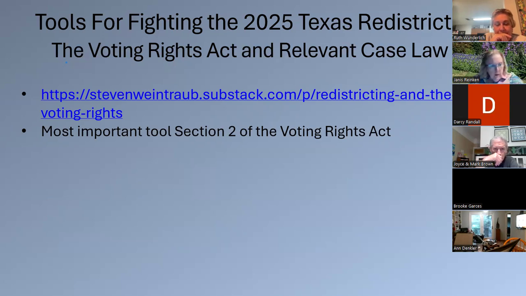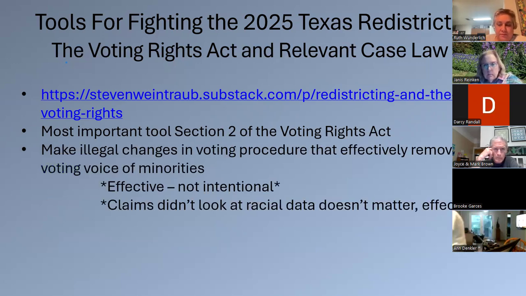And the Voting Rights Act, Section 2, says it is illegal to draw districts which effectively remove the minority voice, and not intentionally, effectively.